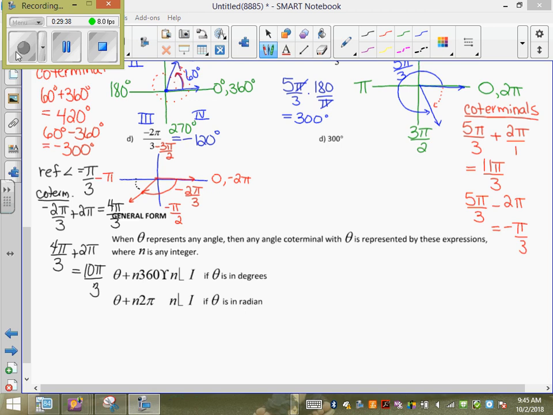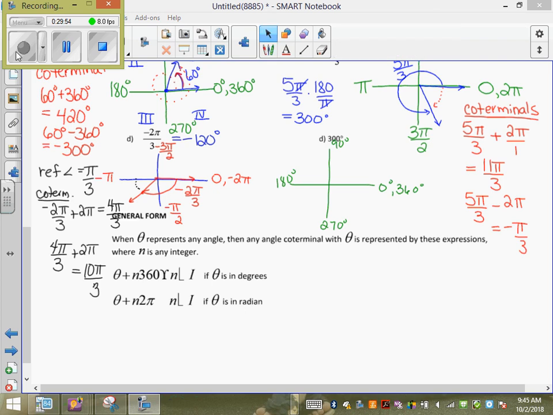And then 300. So our reference angle is always 60 because basically they've been 60 this whole time. So for now into life, reference angles are 60. No, that's just silly talk.